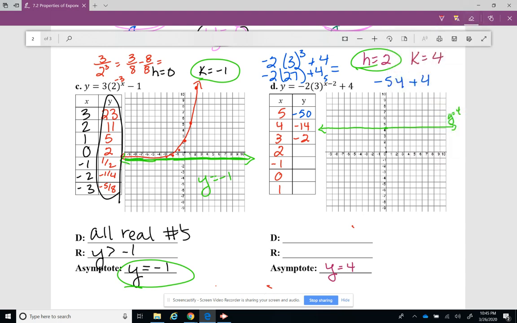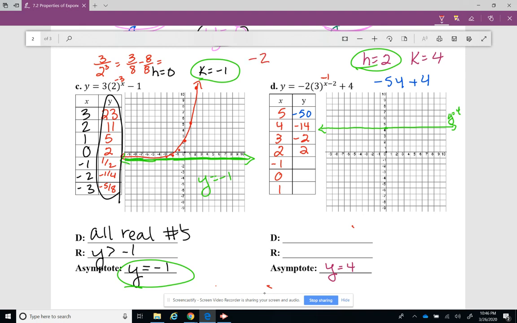All right, let's plug in 2. So 2 minus 2 is going to be 0. Well, 3 to the 0 is 1. And -2 times 1 is -2. And -2 plus 4 is 2. See how I said they're getting bigger? I know I'm doing it right if that's what's happening. All right, I'm going to plug in a -1. -1 minus 2 makes -3.